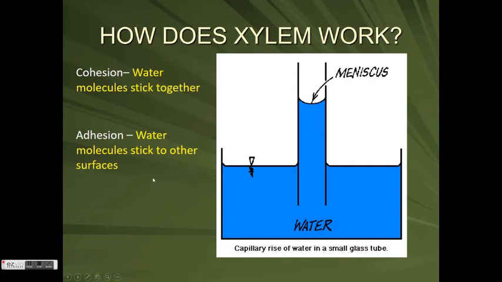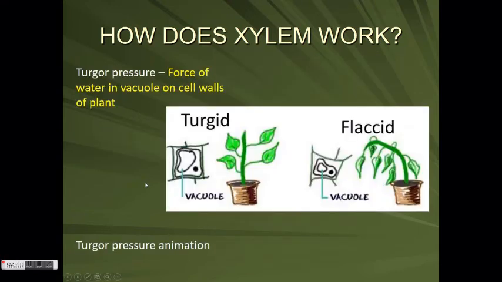In addition, there's another feature here at play, and it's called turgor pressure. Turgor pressure is the force of the water in the vacuole. Remember, plants have a really large vacuole, and that large vacuole is able to store water. Turgor pressure is the force of the water in the vacuole on the cell walls of that plant.